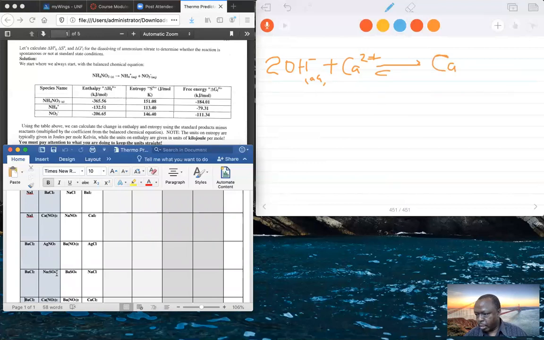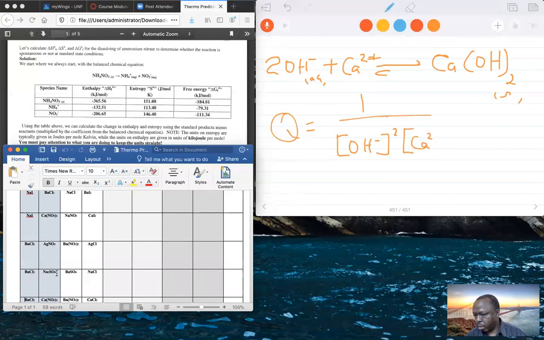This will form calcium hydroxide, a solid. So Q for this is 1 for the solid calcium hydroxide, over hydroxide concentration raised to 2, times the calcium ion concentration. That's how you find the Q.